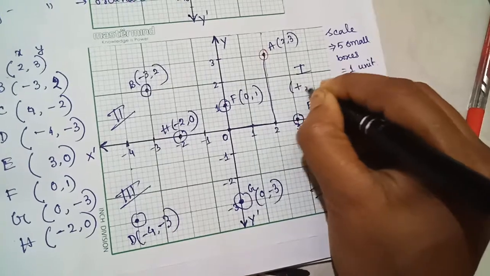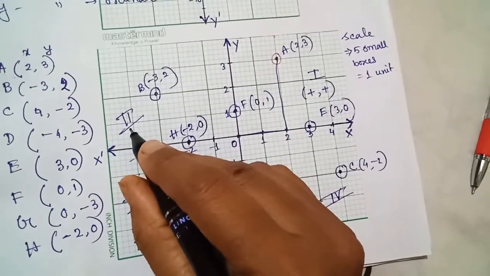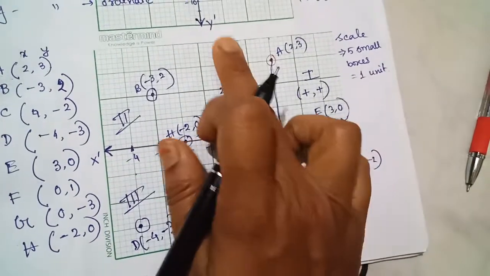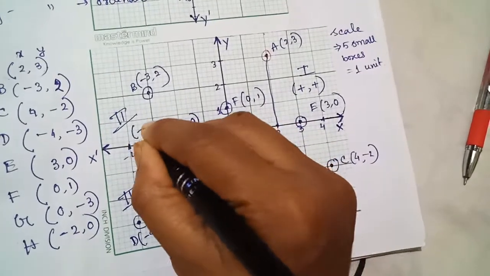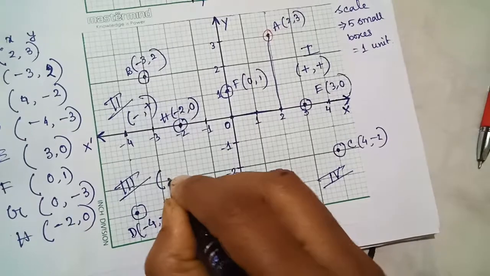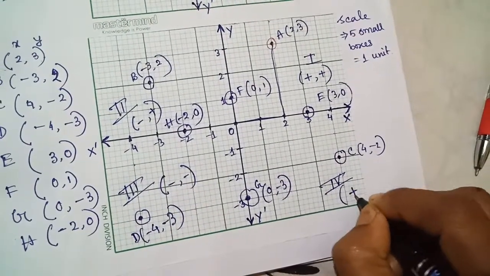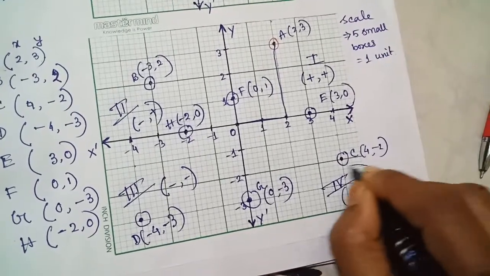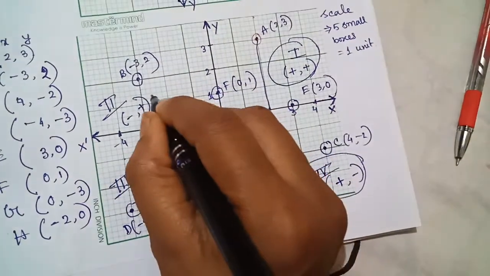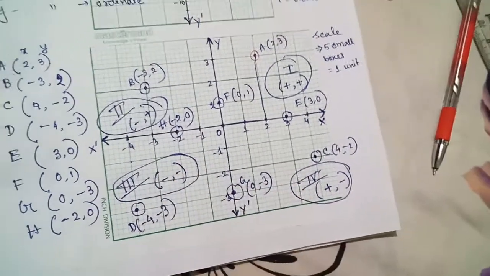So its sign is plus comma plus. Similarly, second quadrant's sign is, look, x-axis negative but y-axis positive. That means it's negative comma positive. Third quadrant is negative comma negative, and fourth quadrant is positive comma negative. So these are signs of the points in a particular quadrant.